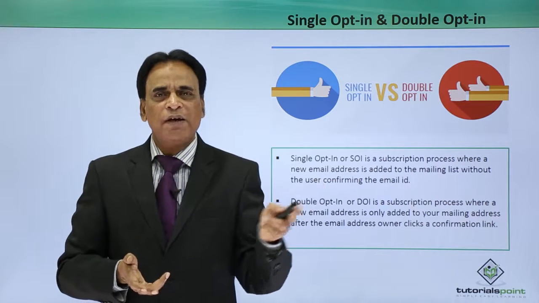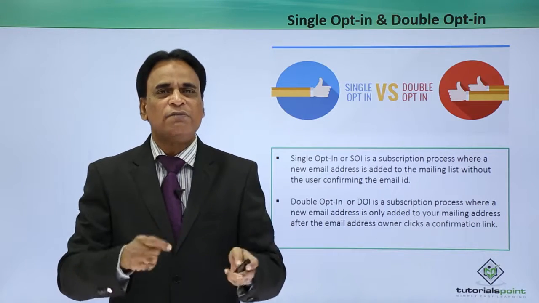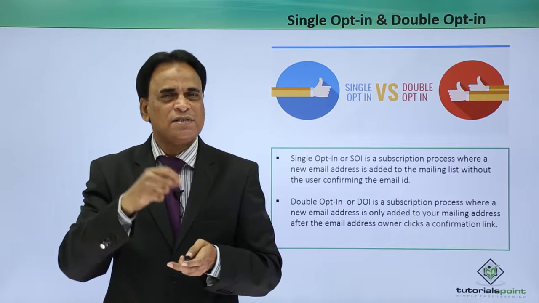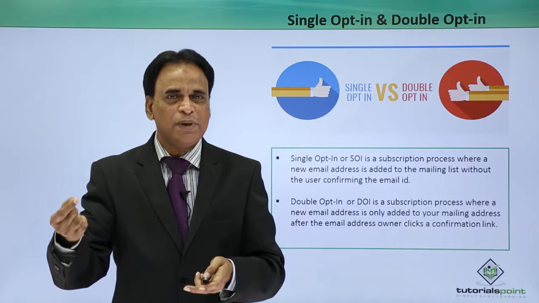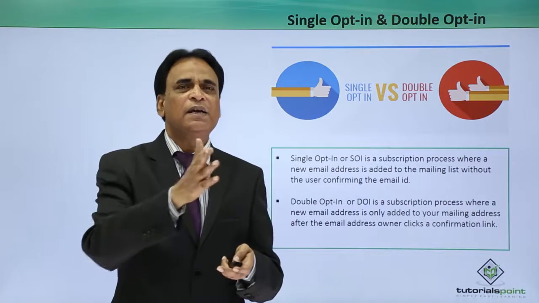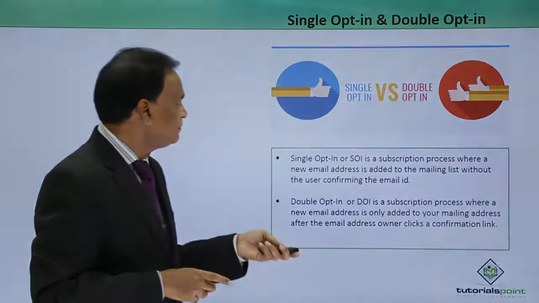We have given a link below. Please click on that link so that we can confirm your subscription. They send that email to us. This is double opt-in. When I click on that link, I go to their thank you page. After confirmation of my email ID, the emails follow. This is single opt-in and double opt-in.